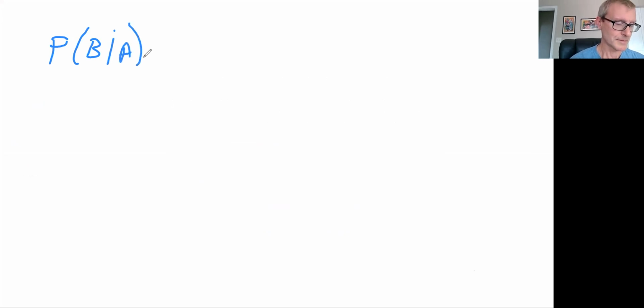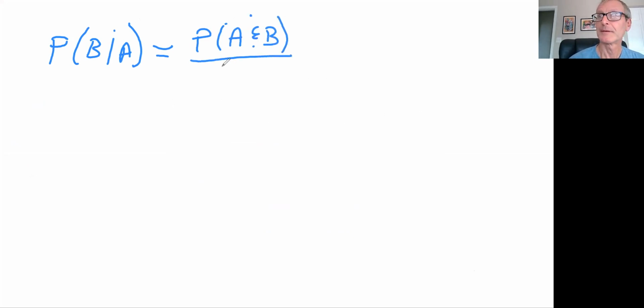This was our original definition of conditional probability. It was the probability of A and B divided by the probability of A. And if we do a little bit of algebra by multiplying both sides by the probability of A, it ends up being this, right?